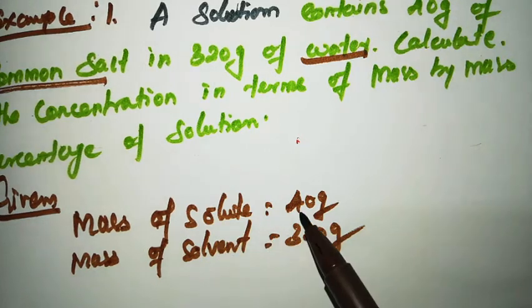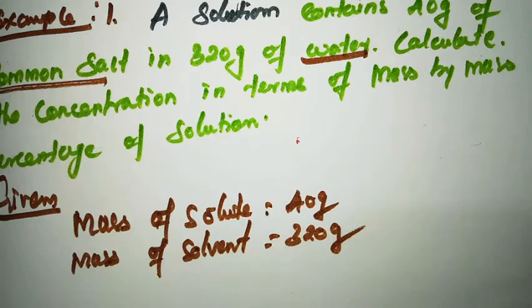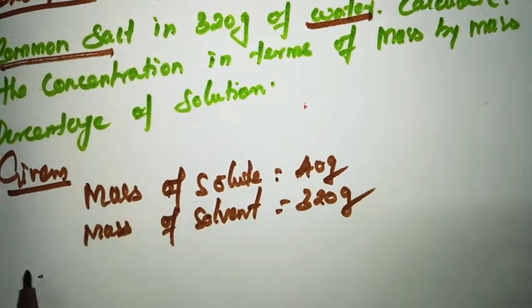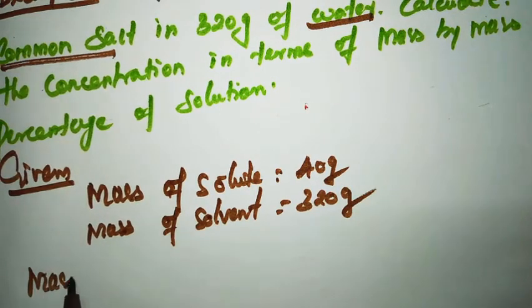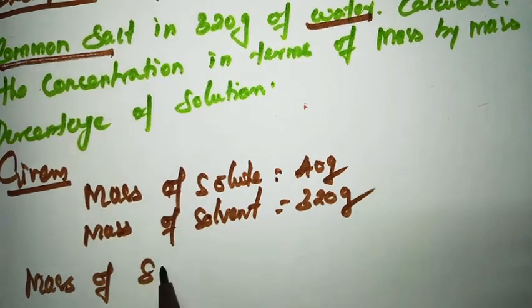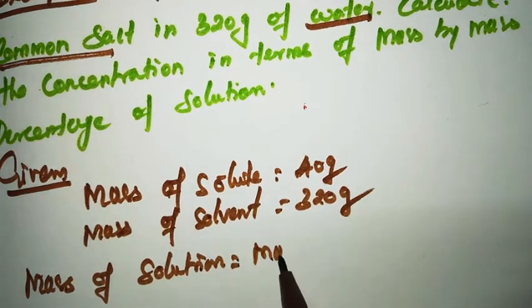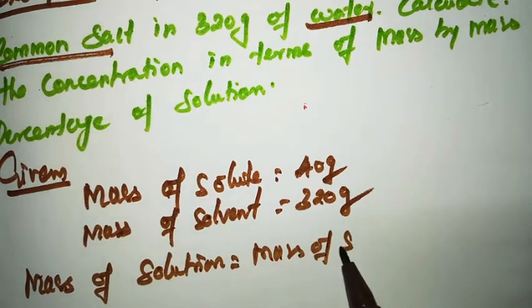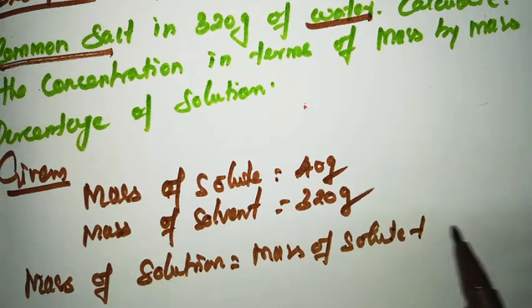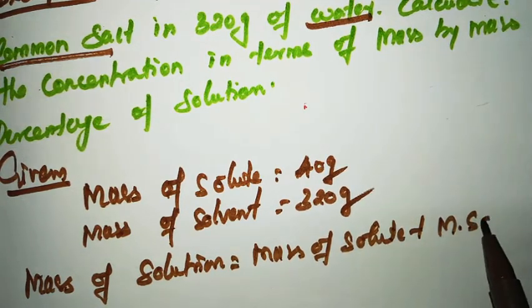Now the mass of solution. We know the mass of solute and the mass of solvent, so we can calculate the mass of solution. Mass of solution equals mass of solute plus mass of solvent.